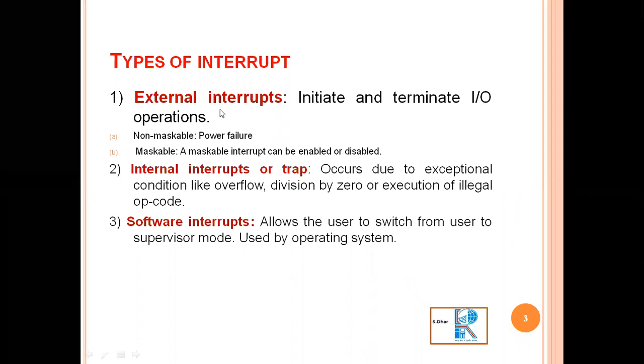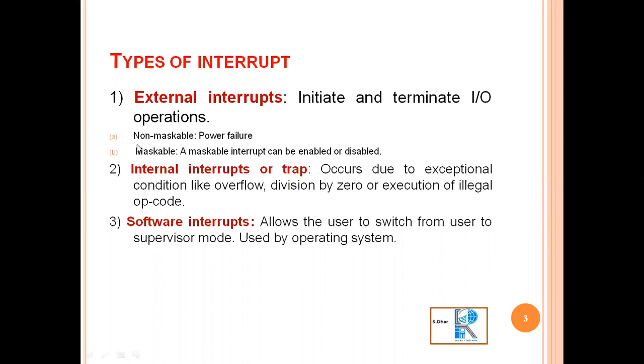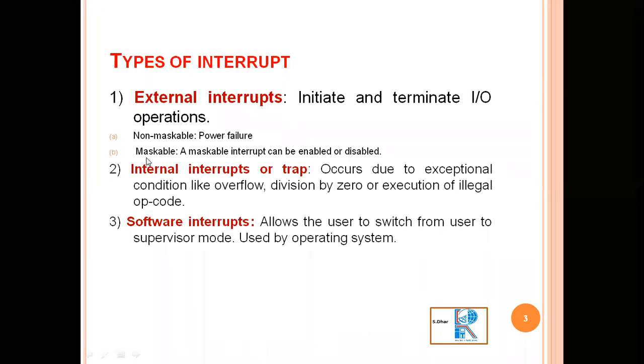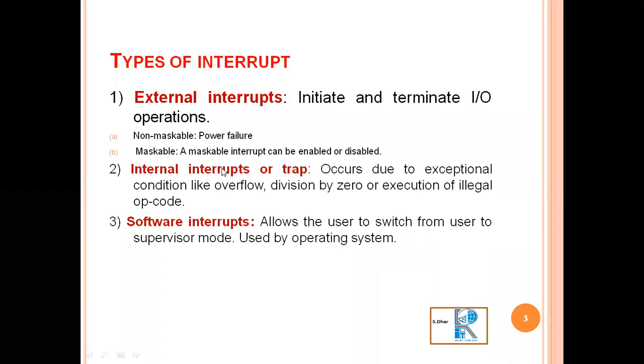Clear? For this external interrupt, there are generally two types. One is called the non-maskable and another is the maskable. What is the meaning of non-maskable? First, I will tell what is the meaning of maskable. Maskable means a maskable interrupt can be enabled or disabled by the CPU. That means the CPU can enable or disable one interrupt signal. Suppose the CPU is executing one set of instructions and one interrupt comes.